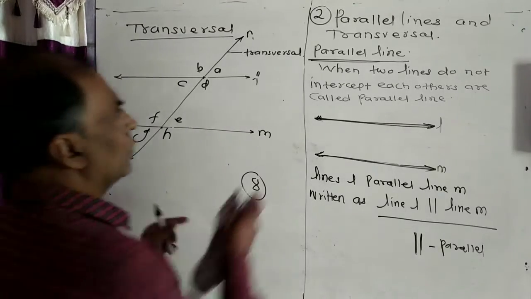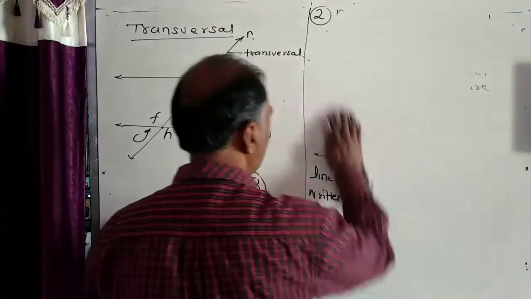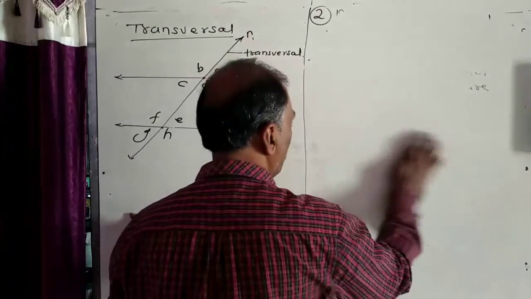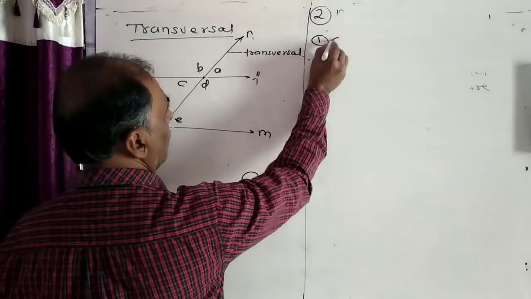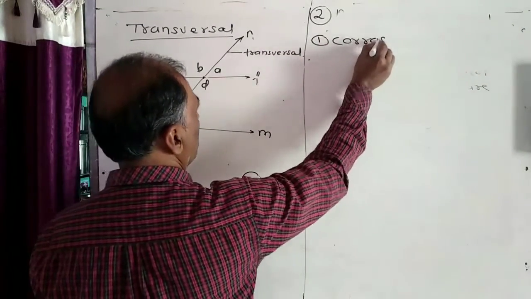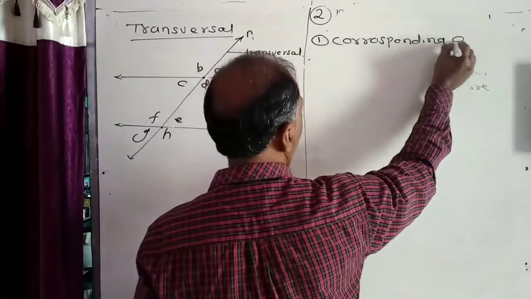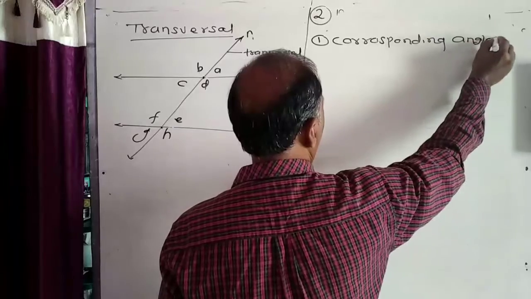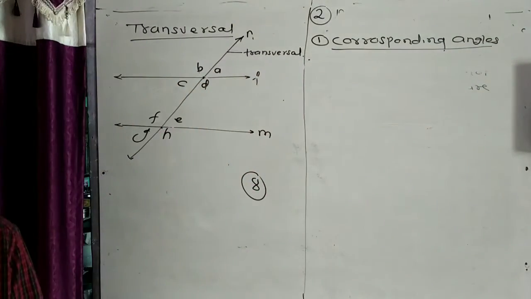So when two parallel lines are intersected by a transversal, 3 pairs of different types of angles are formed, and the first pair is the corresponding angles. In the textbook we read how to measure or verify the corresponding angles.